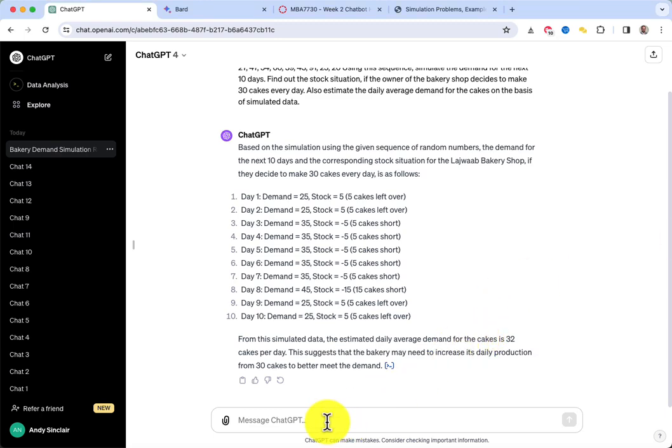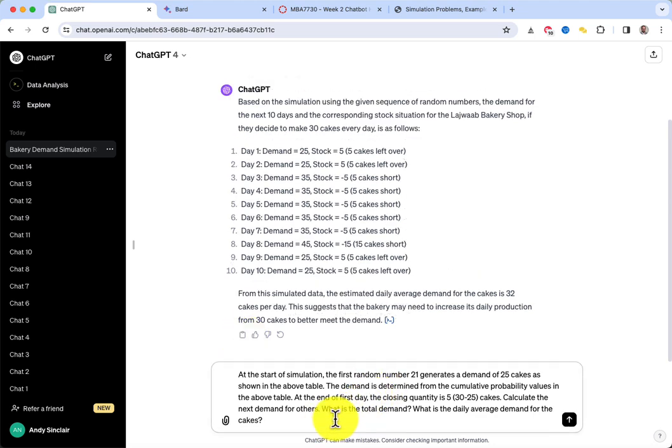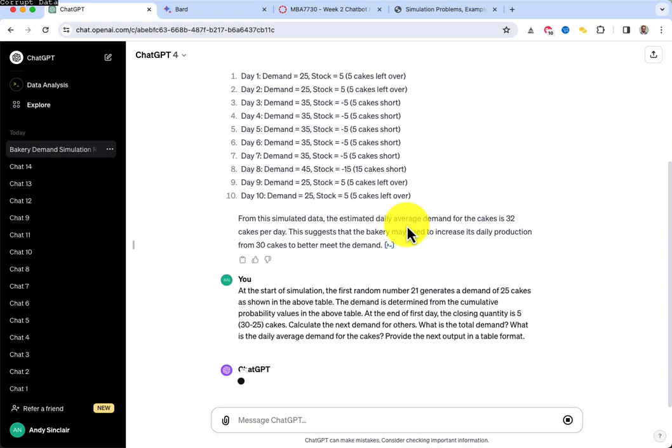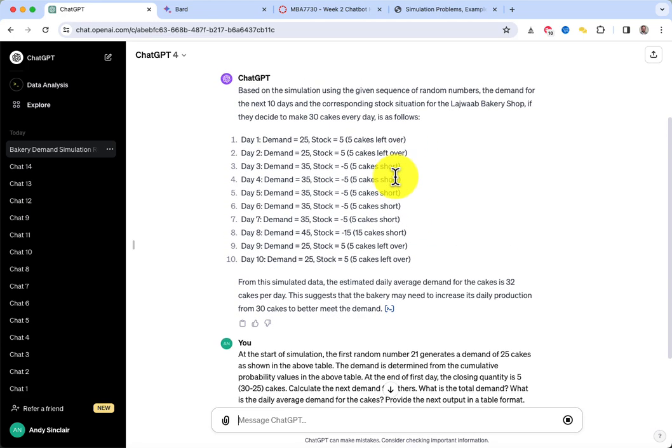So what we'll do is we'll go ahead and update this, and we'll try to give it more information. And also, since it just gave us a list form, give the next output in a table format, because it'll be much easier to digest in a table format.